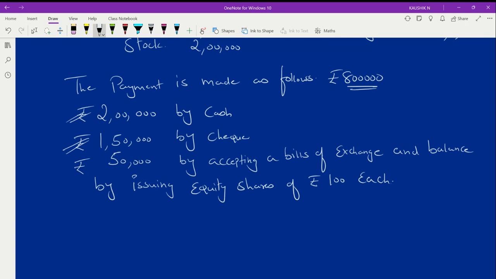Out of 6 lakhs, 1,50,000 is gone away. What is the remaining balance? 4,50,000. Okay, that you pay through check.